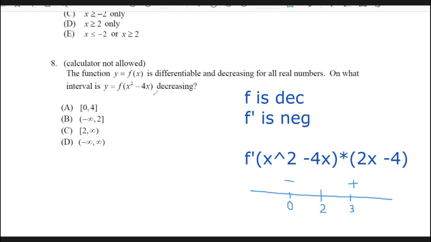So if I want to know when it's decreasing with this change, then I need this part to be positive, because this is already negative. Negative times a negative would turn that to a positive, which would make it increasing. Or a negative times a positive would keep it negative. So the correct answer is C.